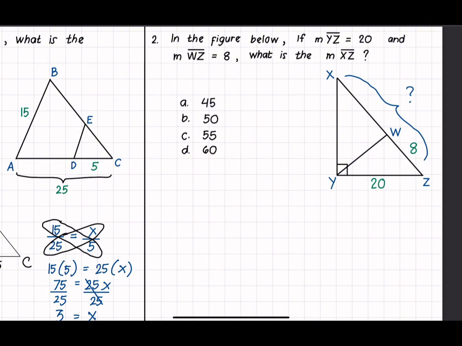Okay, so to better understand this problem, we're going to separate the two triangles again, wherein we have the big triangle, which is X, Y, Z, and the smaller triangle, which is Y, W, Z.